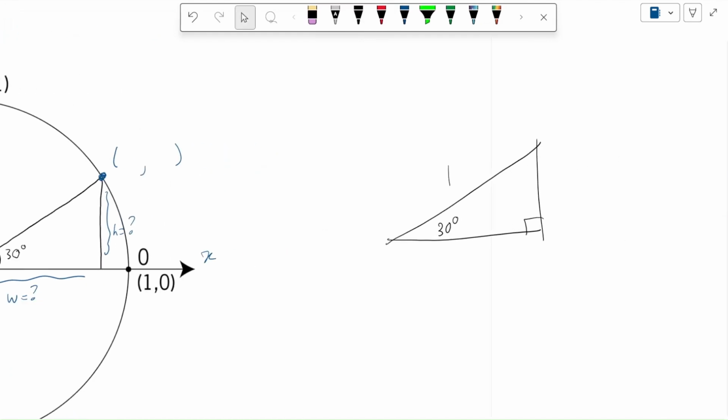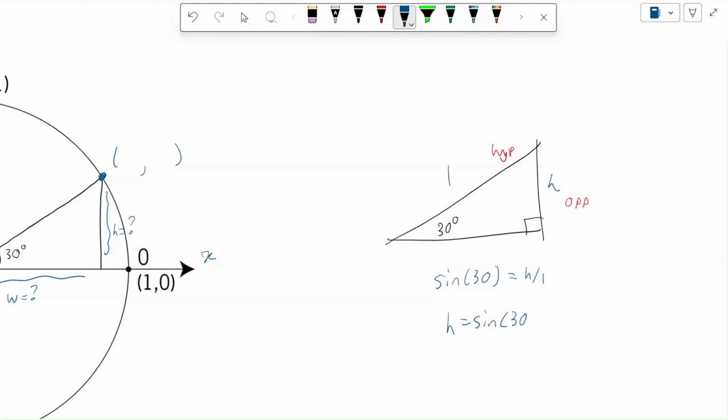So let's see if we can calculate h for height. Well, we can, because we can label this triangle as opposite and hypotenuse. So all of a sudden, we have sine of 30 equals h over 1. So h is just sine of 30.